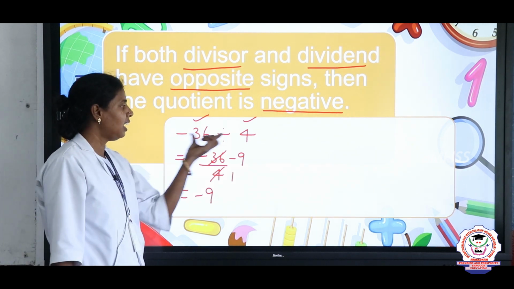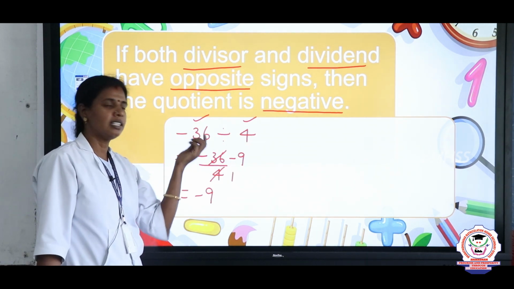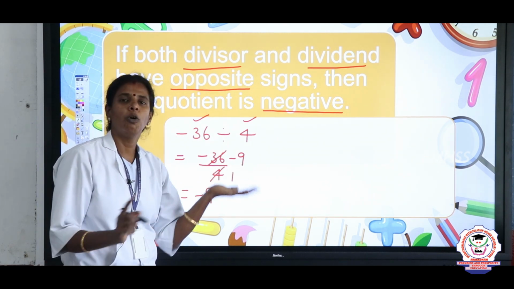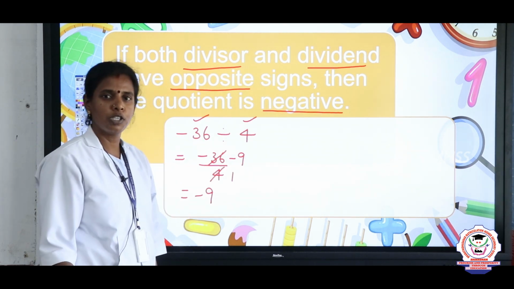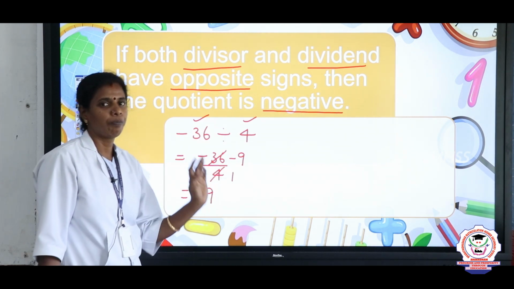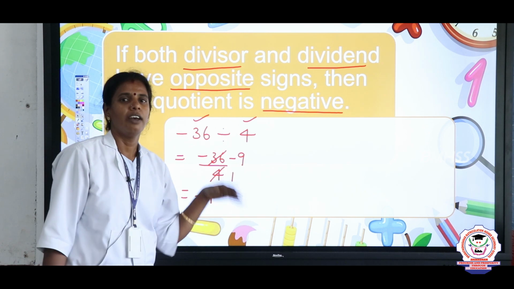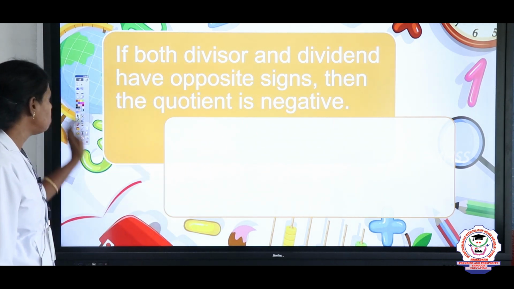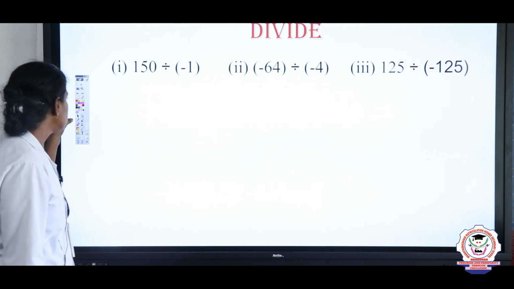So when the dividend and divisor have opposite signs, the answer will be negative. When the dividend and divisor are both positive, the quotient is positive. Both negative also, the quotient will be positive, right? Using these rules, we are going to solve the exercise problems now.